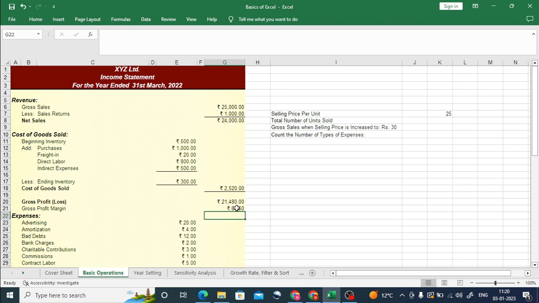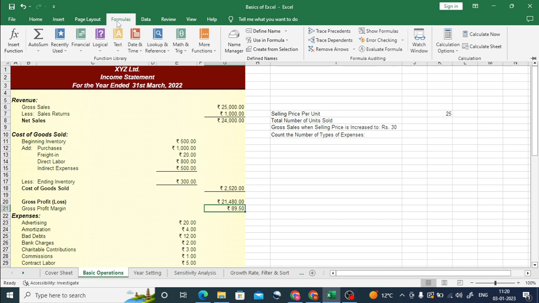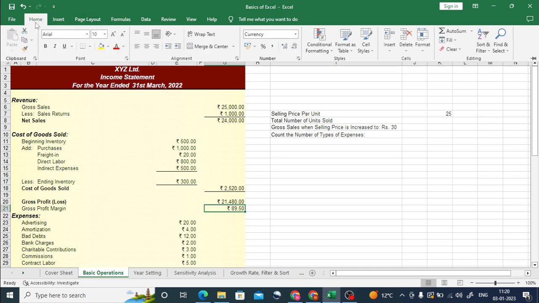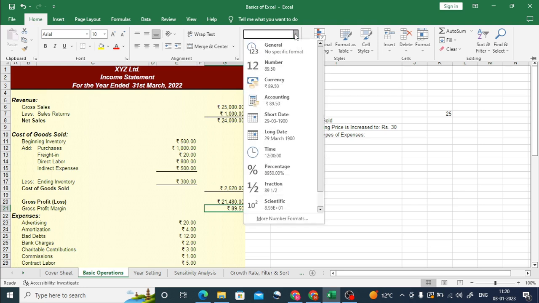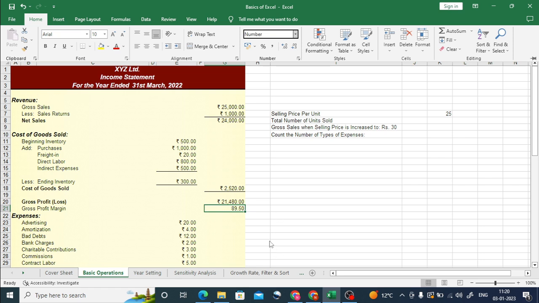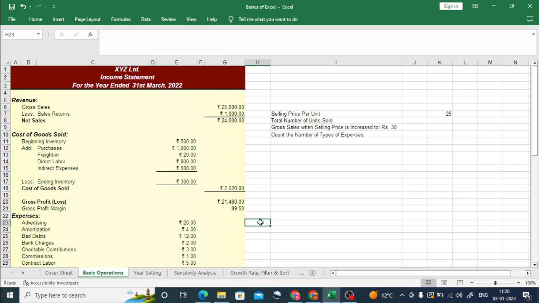And since this has to be in percentage, we can simply change it. See, this is showing currency right now. Let's change it to percentage terms, or we can change it to number. So this is 89.50. That is your percentage, right?